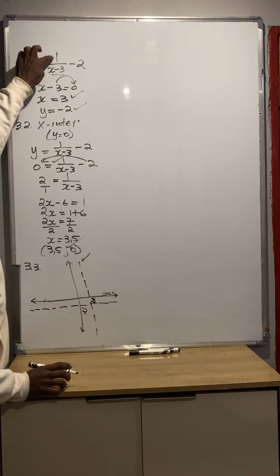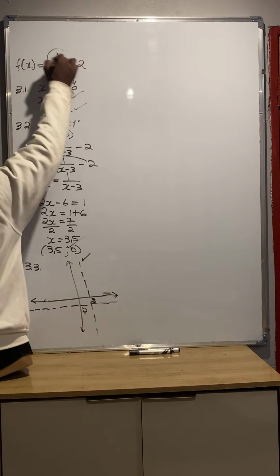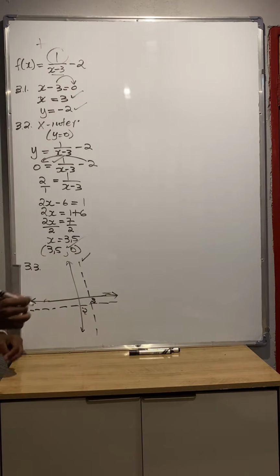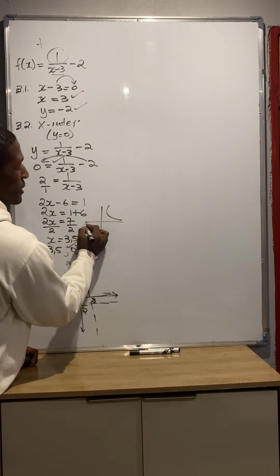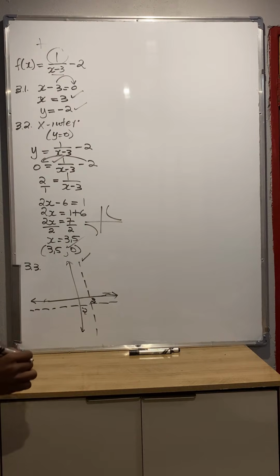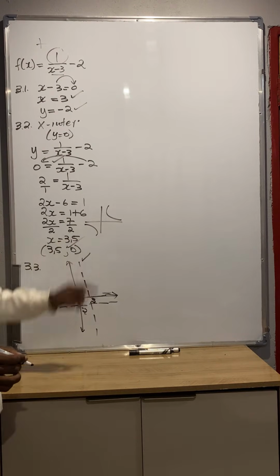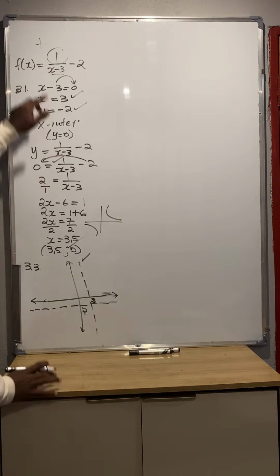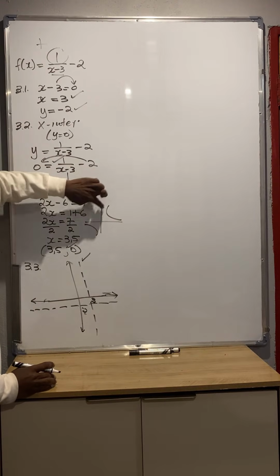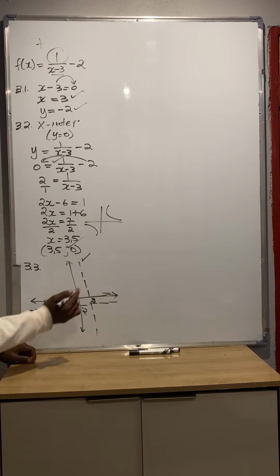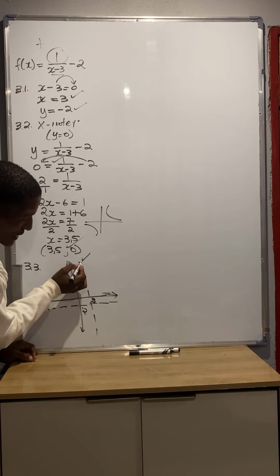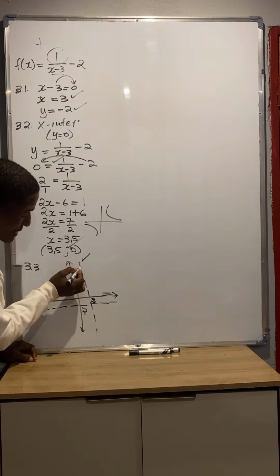Then, family, we look at our value here. Our value is positive, so our graph is supposed to sit in quadrant 1 and quadrant 3. What do I do if that is the case? I start here and do this, and I start here and do this.